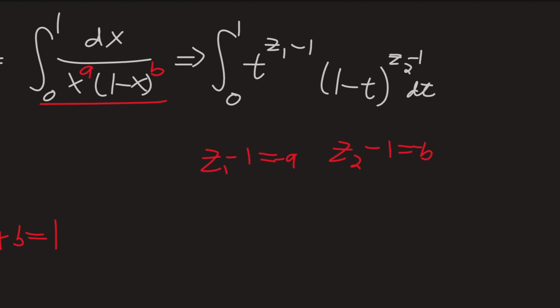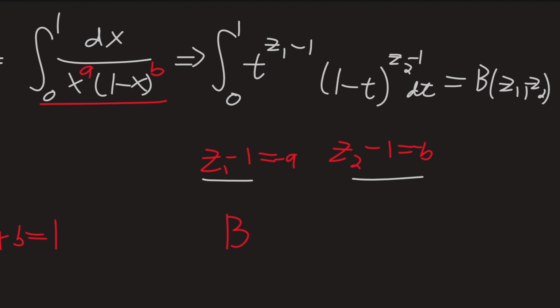Since this is true, this is just beta of z1, z2. If we express z1 and z2 in terms of b and a, we can express this in terms of the beta function.